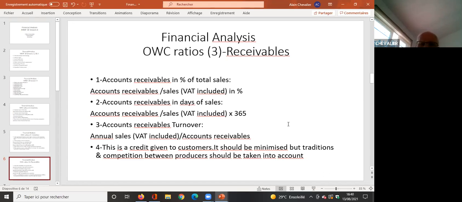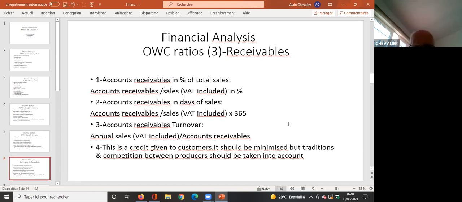But be very careful here. We are in the case of exceptions in terms of VAT. Accounts receivable are in your balance sheet with VAT included, divided by sales, VAT included. So accounts receivable divided by sales, VAT included, in percentage.